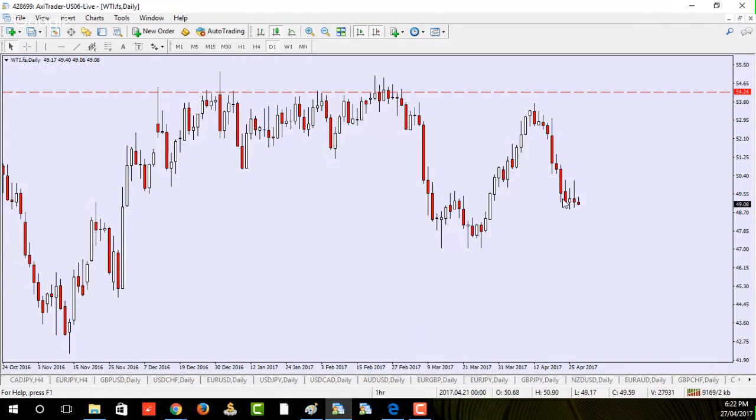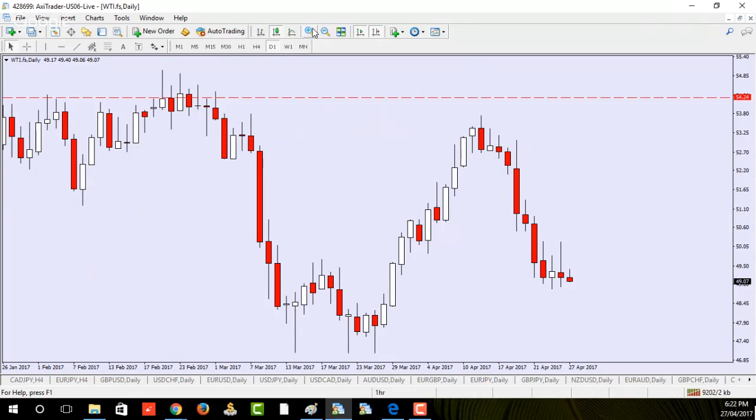So this could be a trendy kangaroo tail here after a very short pause in oil. This is West Texas crude, and you can see here what you might be looking at as a short below the most recent daily candle, yesterday's daily candle. This one doesn't have very much space because it hasn't been consolidating for long, but a sell order below the trendy kangaroo tail or even the candle before it could be a safe way to short oil.